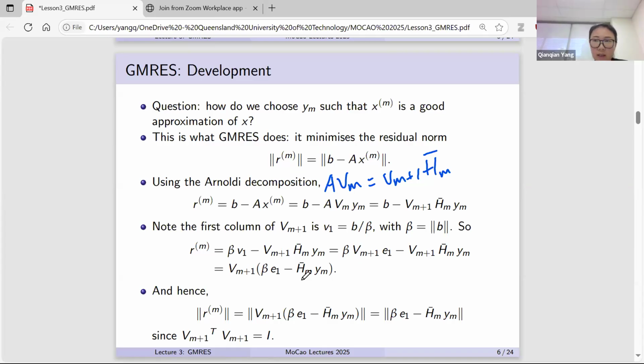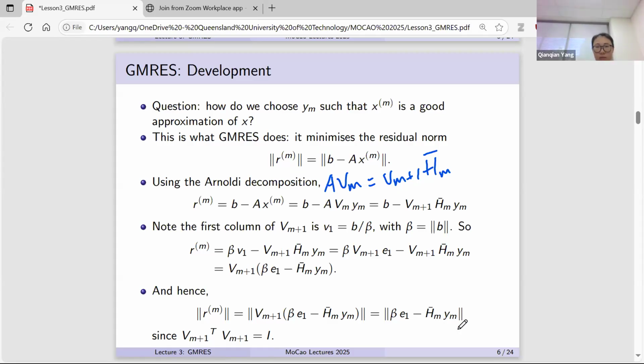Now we take the norm on both sides of this equation. The left-hand side is the residual norm, and the right-hand side is the norm of this whole thing. Note that V_{m+1} transpose times V_{m+1} is the identity matrix, because the columns of V_{m+1} are orthonormal. So our norm is simply the norm of beta E1 minus H_m bar Ym.